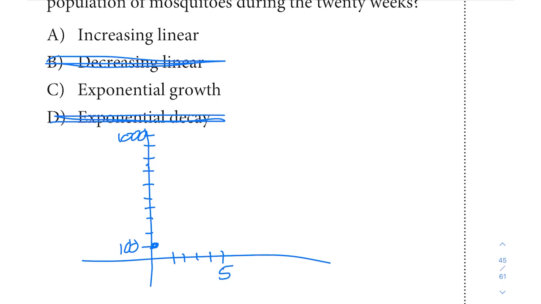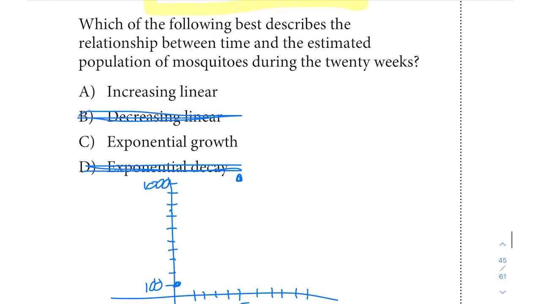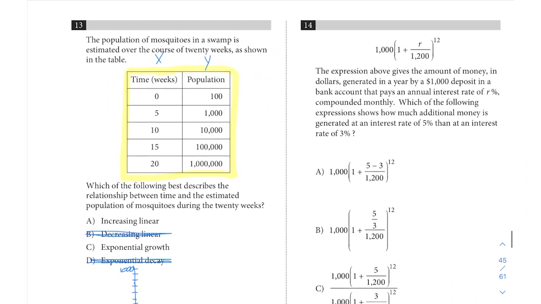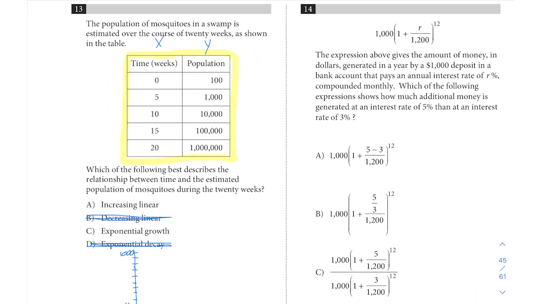So here, if you do 0, 100, and then 1,000, and then you try to do 10,000, well, you can already see that's going to be maybe somewhere up here, but almost off the page. So it's really hard, because these numbers are so large, to get a visual depiction of it to really tell if it's linear or a curve. To graph that very exactly would also be a bit of a challenge. So that's maybe not our ideal method on this.